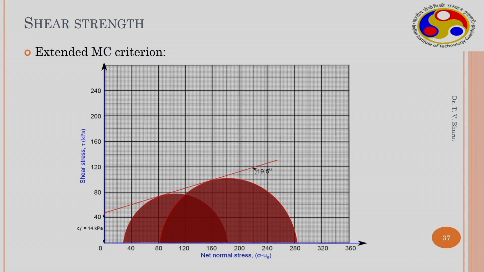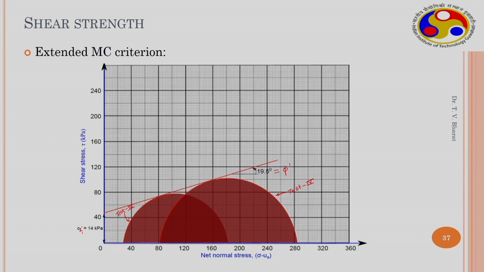Then the other 2 test data were used, where this is test data 3 and this is test 4. So the angle of internal friction is the same, that is 19.5 degrees.